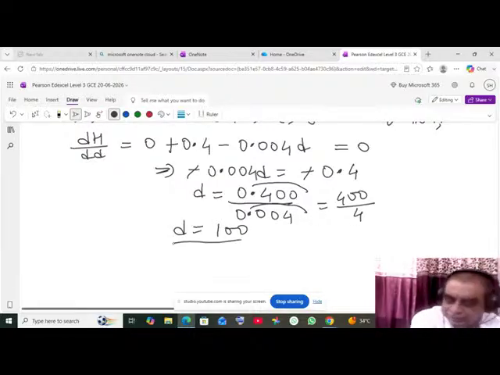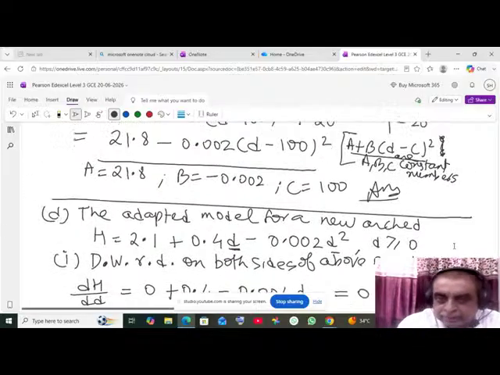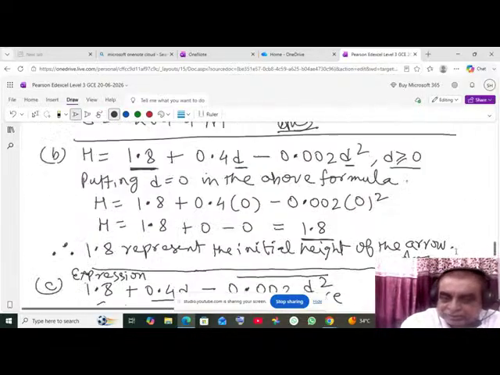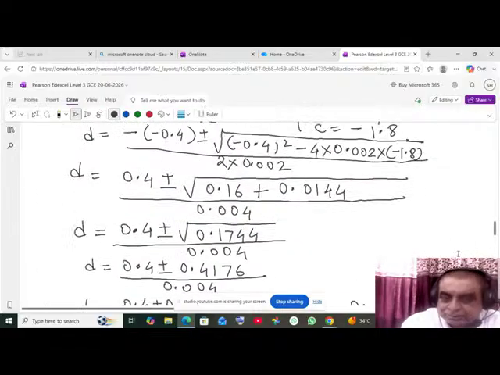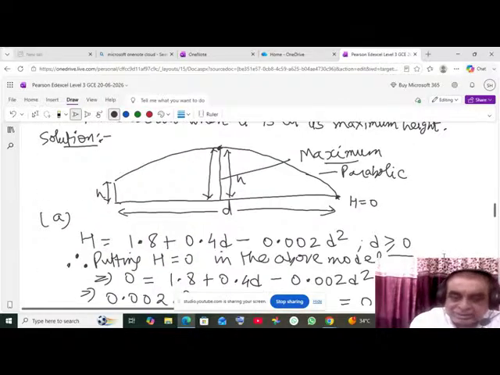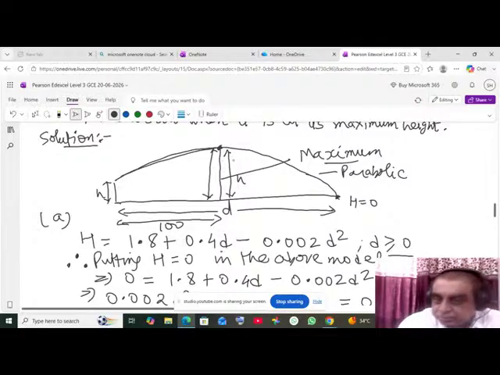Now we have to check whether at this value of D the maximum height is reached or not. When the arrow has traveled this distance of 100 meters, is the height reached by the arrow the maximum height or not?